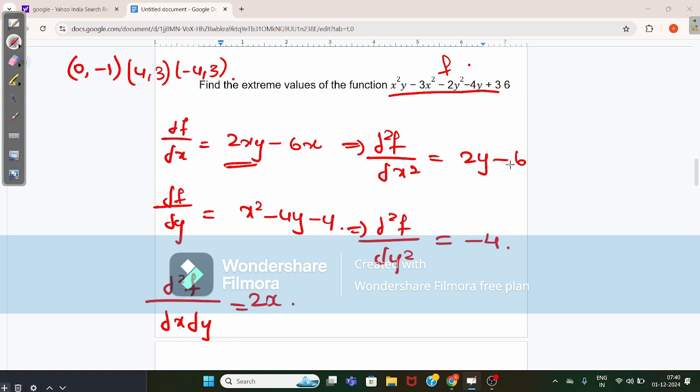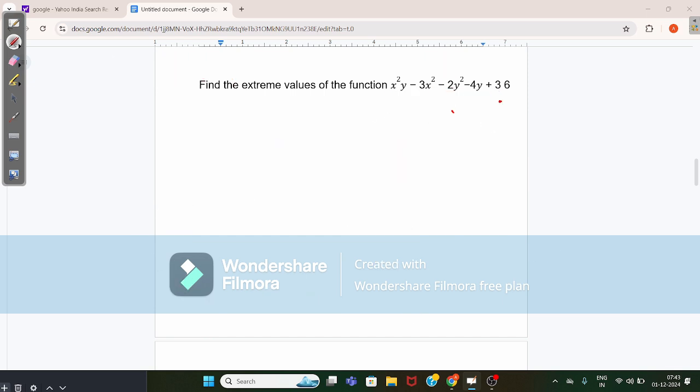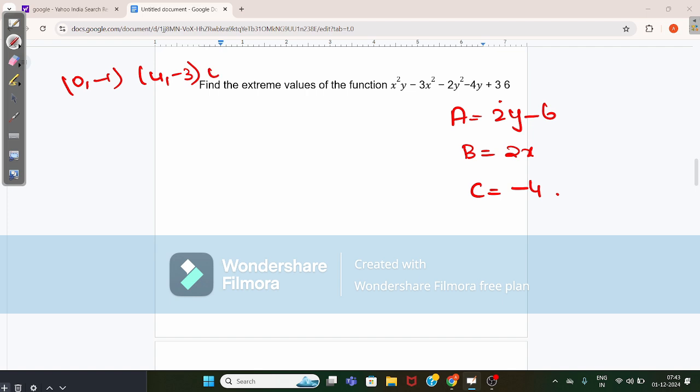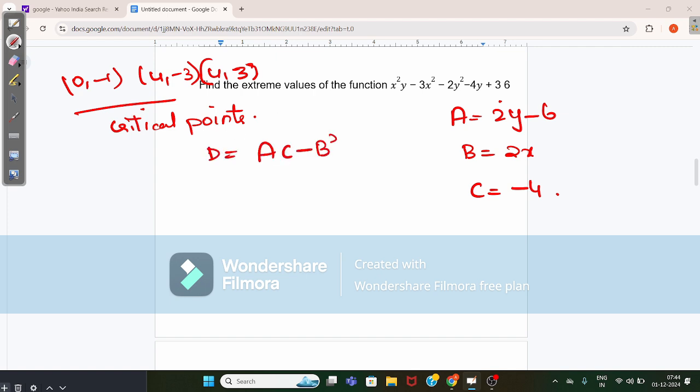Now let this function be a, let this function be b, and let this function be c. These are the critical points we have. So we have to take d, that is equal to ac minus b square.